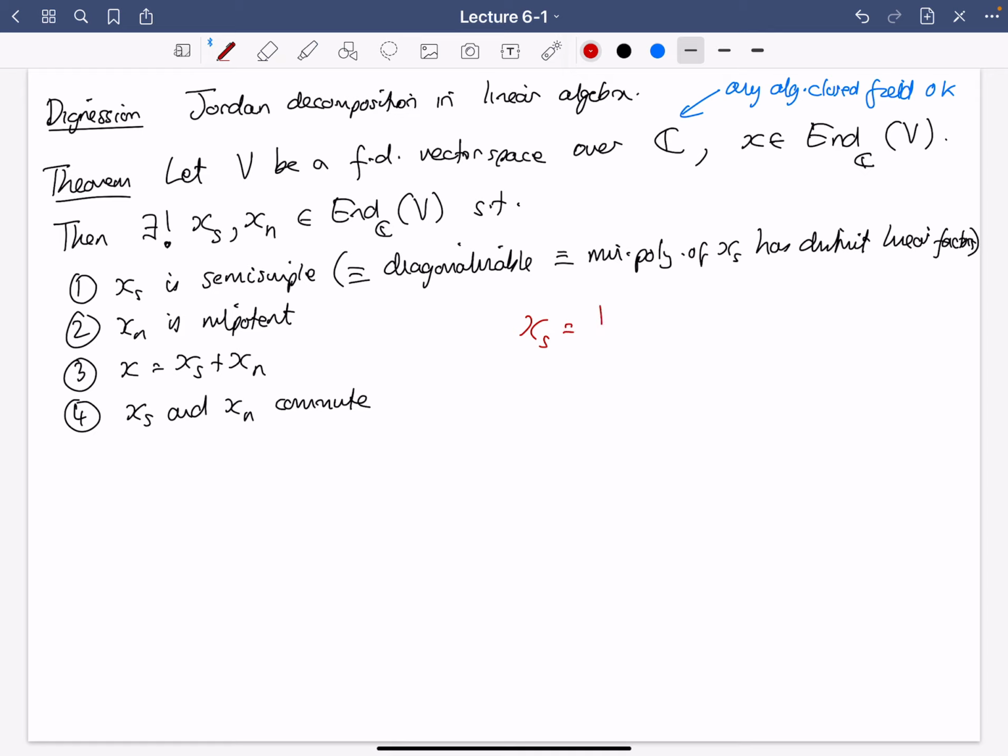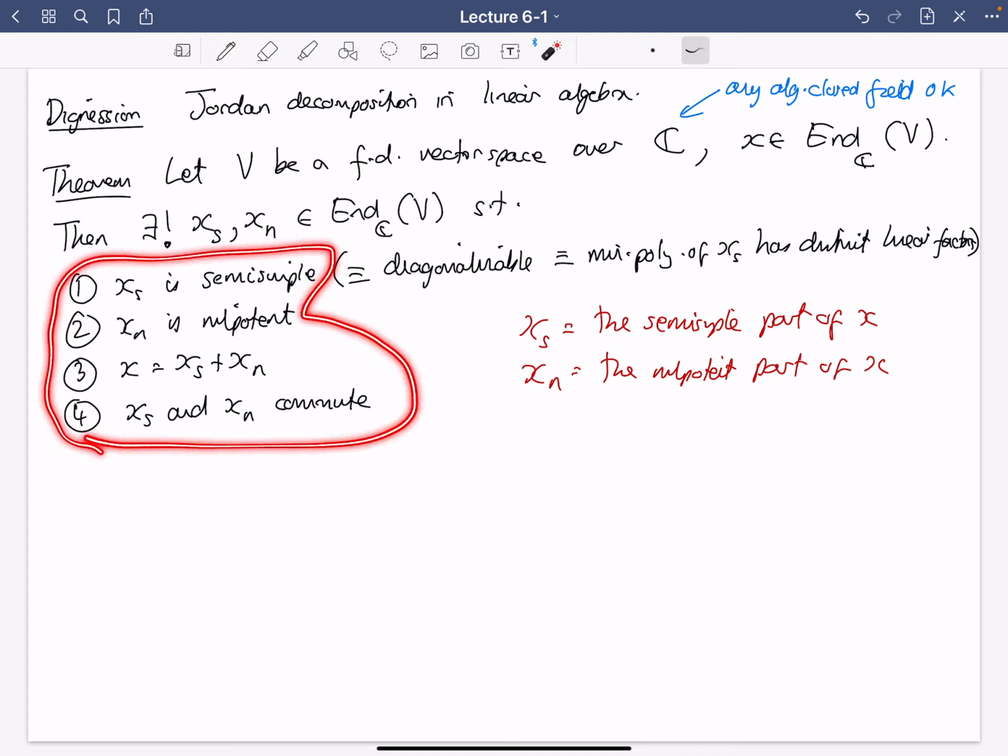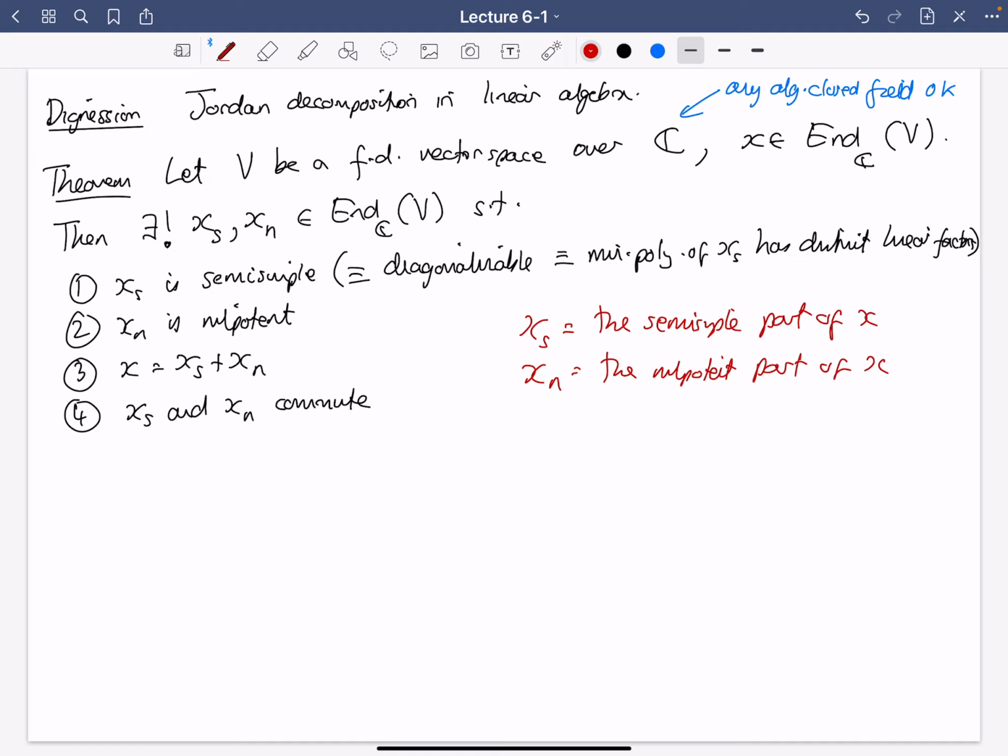xs is called the semi-simple part of x. xn is the nilpotent part. So it's important that they are unique, and you need all of these properties in order to get the uniqueness part of this theorem.